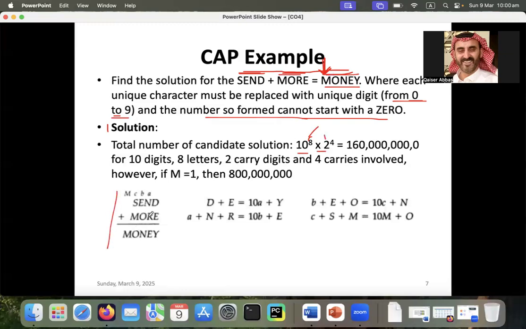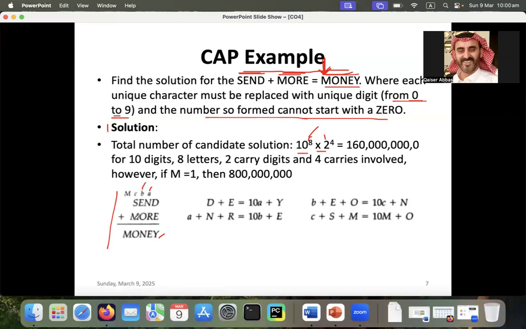If you see this equation, SEND plus MORE is equal to MONEY, you will add D and E and you will get Y. And A would be the carry, which you will add in the next addition. Then A plus N plus R is equal to 10B plus E, and B will be the carry going to the next column.